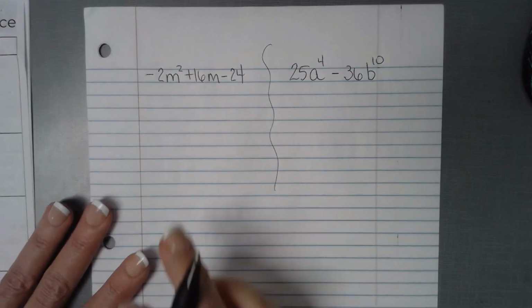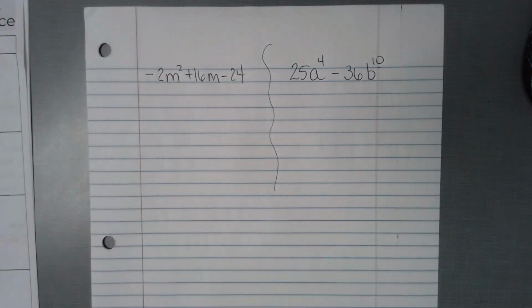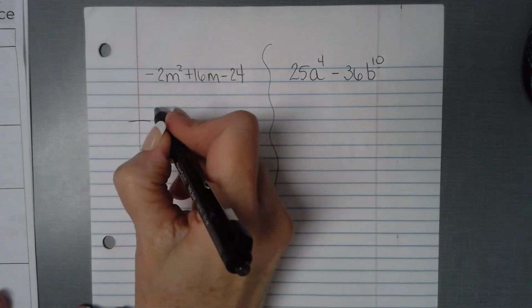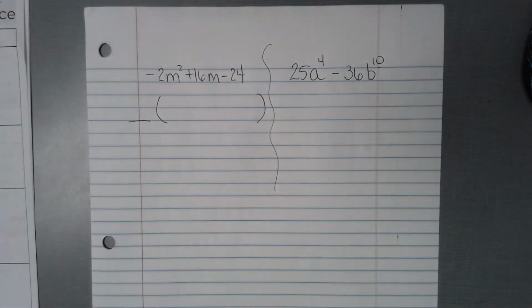Okay, this one here, both of these are going to apply. So both of these are going to apply. You're going to have to pull something out and set up a big parenthesis first. So you're trying to figure out, what are you pulling out?